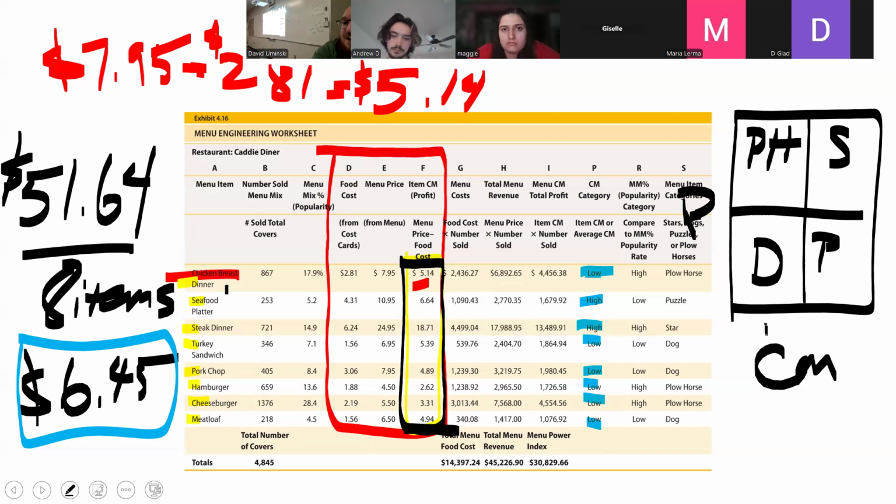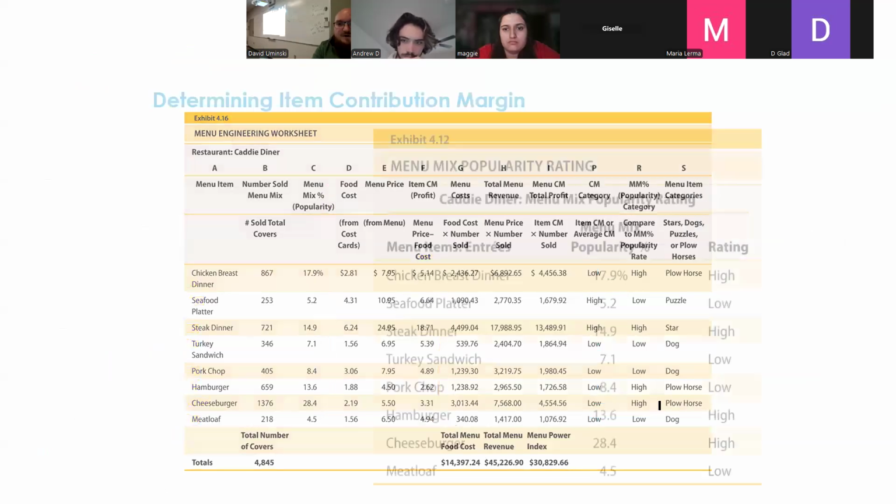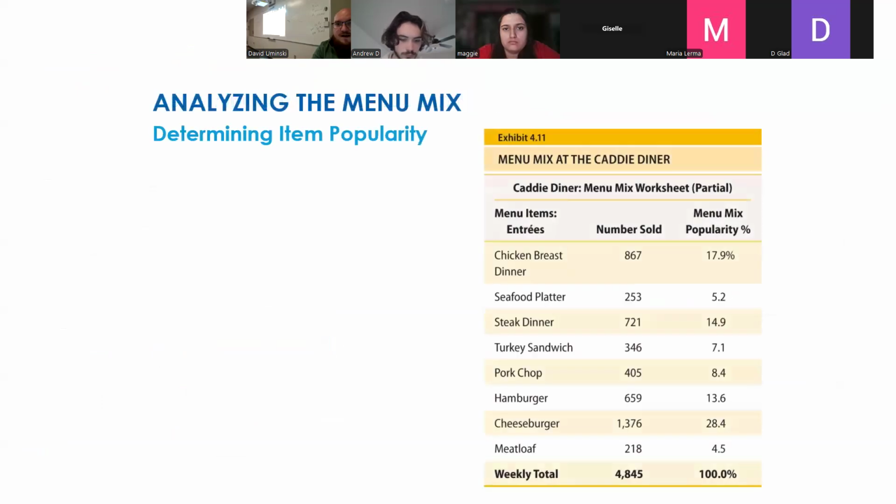Because right now, we only know that it has a low contribution margin. I don't know the other piece of the puzzle. Now, I know it says on there that it's a plow horse. We're gonna get to that in just a second. But with just the contribution margin, if it's a high contribution margin, it's a star or a puzzle. If it's a low contribution margin, it's a plow horse or a dog. We don't know what it is until we figure out the popularity. Okay? Questions about that? Okay, so now let's go back to our popularity.